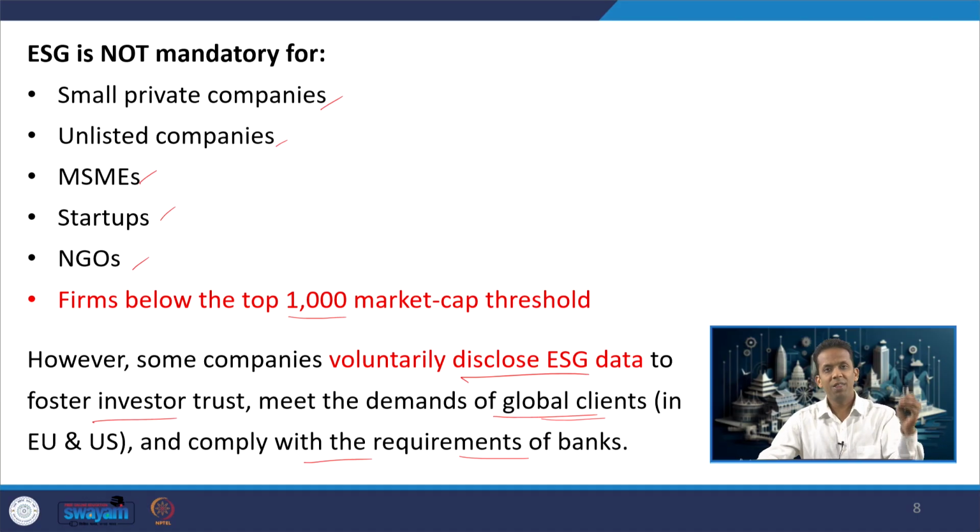Because the G part, the governance part of ESG, will give assurance to these clients and banks that the business is properly governed and they are giving money in good hands. Also, when their performance in E and S is better, they would see that the money is being used in a company which is eco-friendly, concerned about the environment, has good relations with society and fulfills its responsibility towards society.